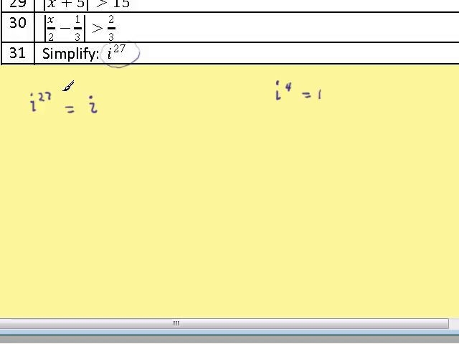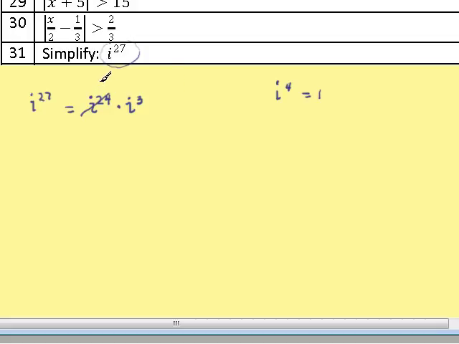So let's keep going down until we hit a number divisible by 4. Okay, 26 is not divisible by 4, neither is 25, but 24 is. So we have i to the 24th times i cubed. So that's how we rewrite i to the 27th.